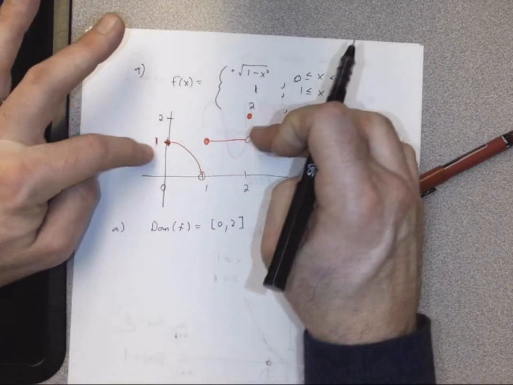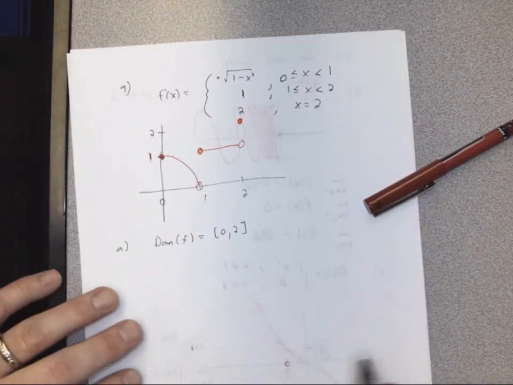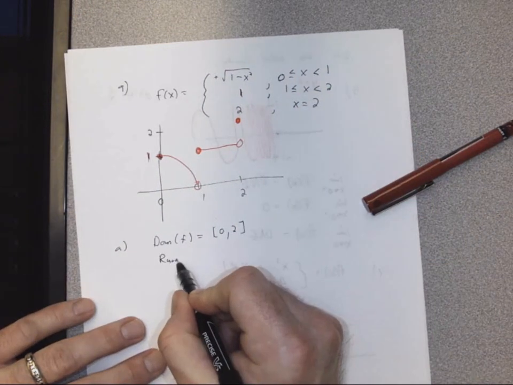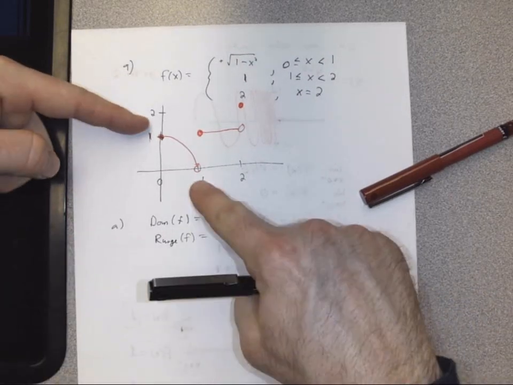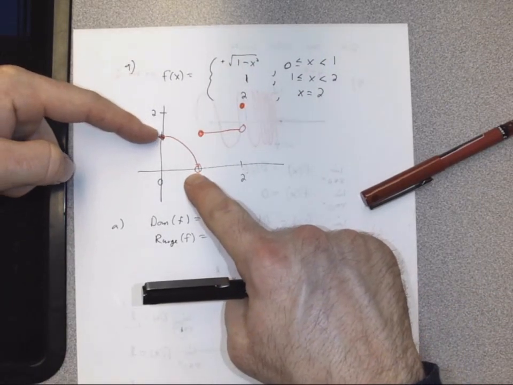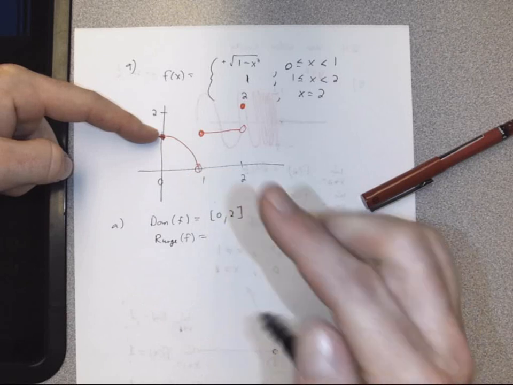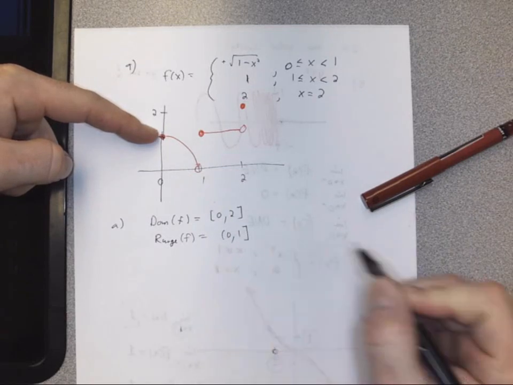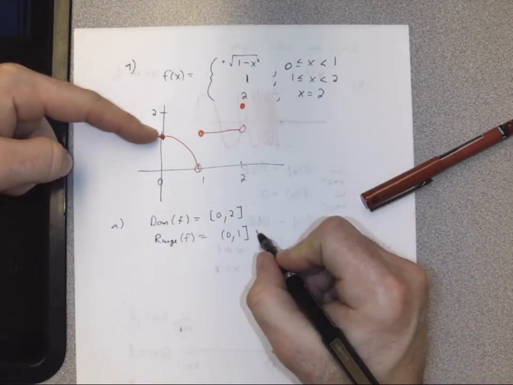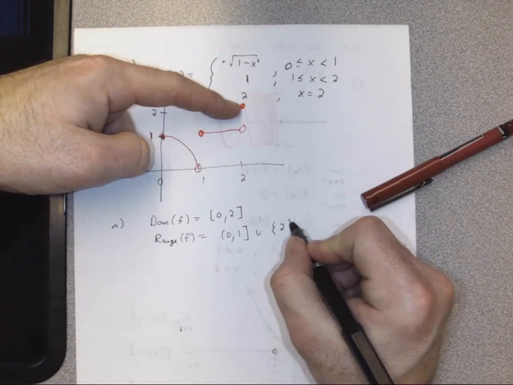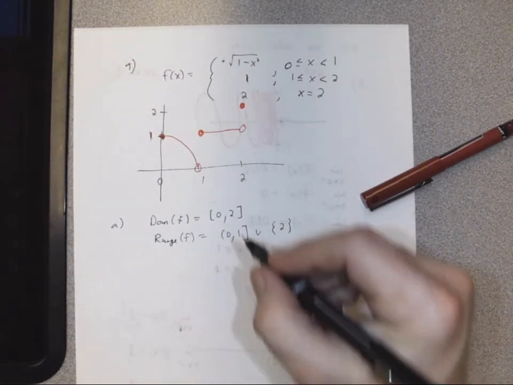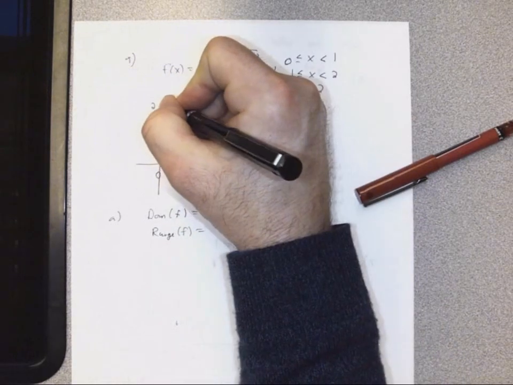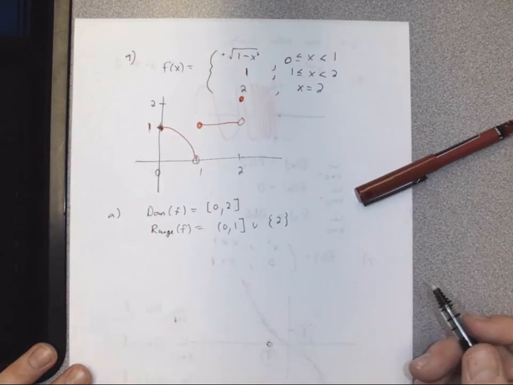There's an x value for every one of these, right? The range? Well, it goes from 0 to 1, open from 0 to 1 closed, right? But then I also have to union this single point of 2, right? So this 2 is discrete, that's why it has the squigglies around it. Because there's only a single point, right? So that'd be the shadow onto the y-axis.